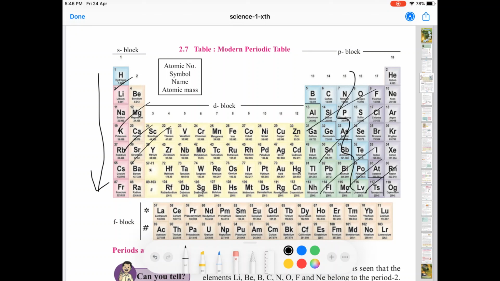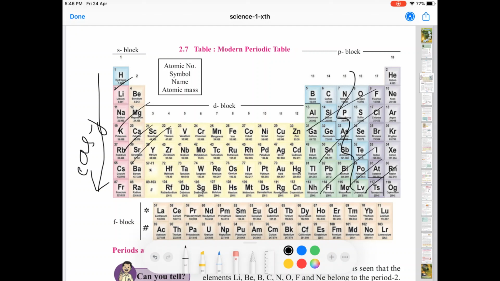Please listen to this carefully, that as we go down a group, the atomic size increases. When the atomic size increases, it is easy for the elements to donate their electrons, right? And if it is easy, then they will behave more strongly as metals. That is why the metallic property increases as we go down the group.